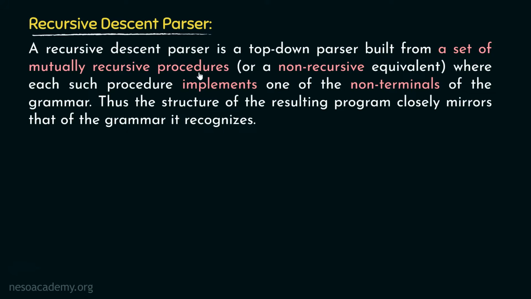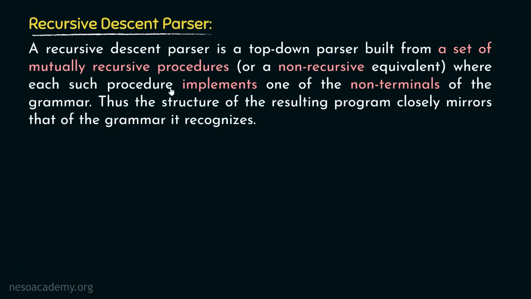Now, what is a recursive procedure? These are actually the functions that we will be creating, which can be recursive, or a non-recursive equivalent can also be there. Recursive procedures are the functions which can call themselves. Having mutually recursive procedures is not mandatory. We can also have non-recursive equivalent procedures.